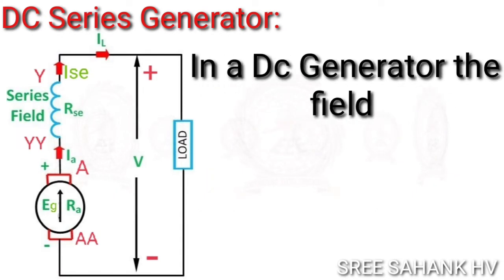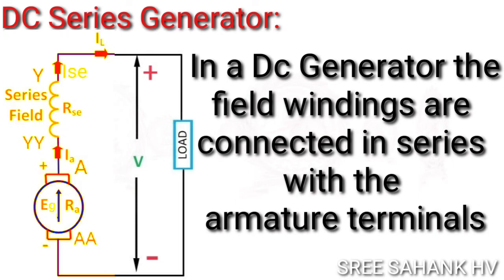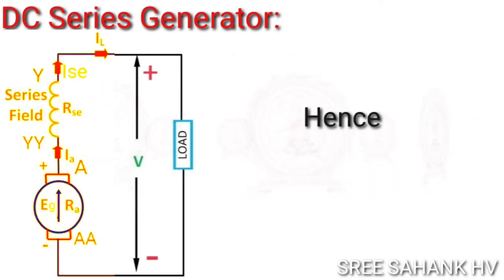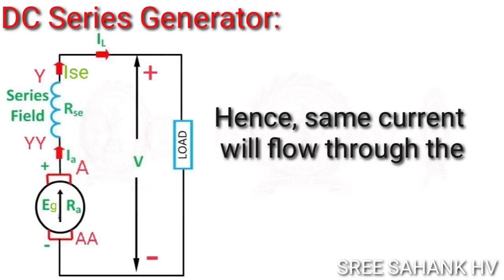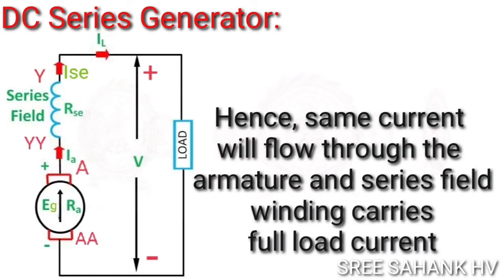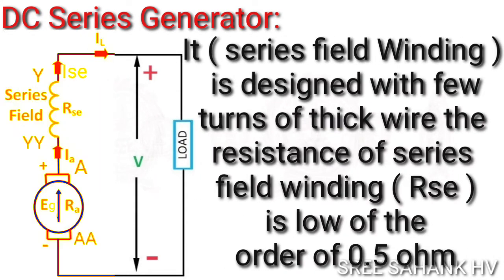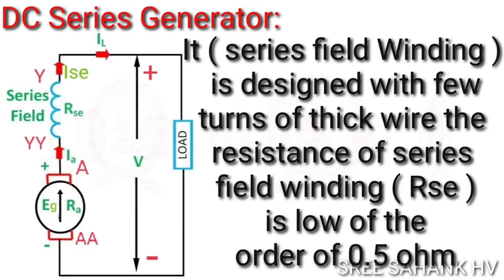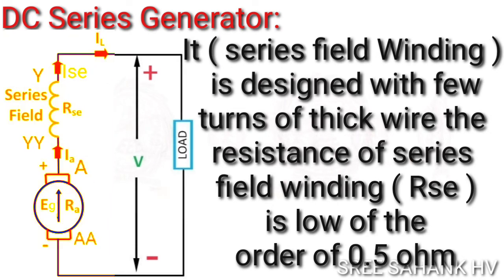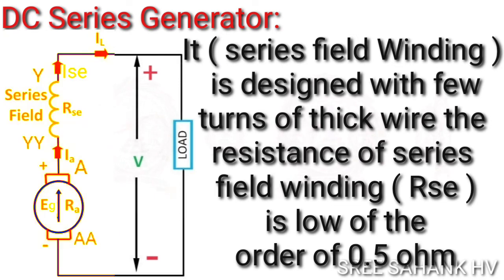In a DC series generator, the field winding is connected in series with the armature terminals. The same current flows through the armature winding and series field winding, carrying full load current. It is designed with a few turns of thick wire. The resistance of series field winding RSC is low, of the order of 0.5 ohm.